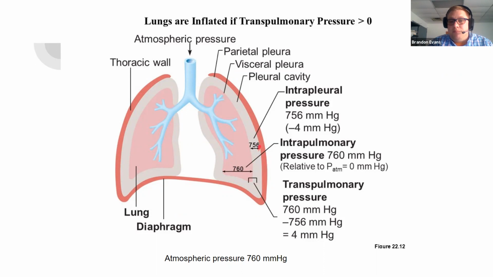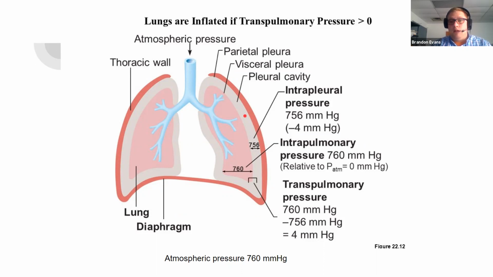So we can see here that cavity has a barometric pressure of about 756. So it's about 4 millimeters of mercury less than what's actually inside our lungs. And this helps to keep our lungs expanded so that they don't collapse onto each other, causing like a pneumothorax. If this cavity is actually punctured or ruptured, that's what causes the pneumothorax to occur, that collapsed lung.